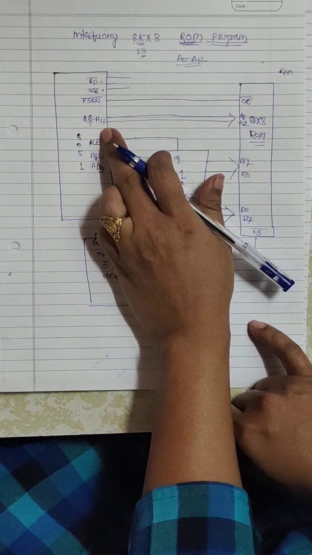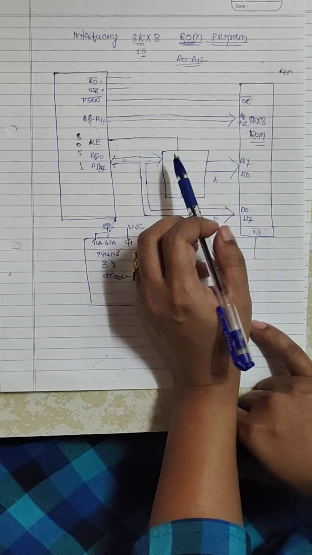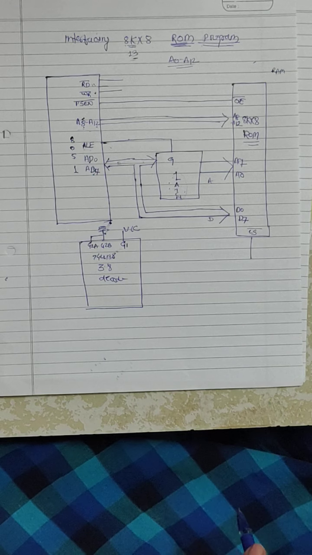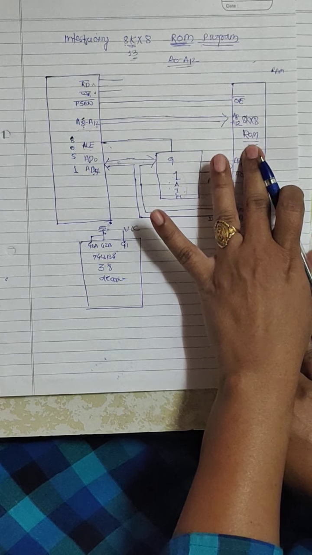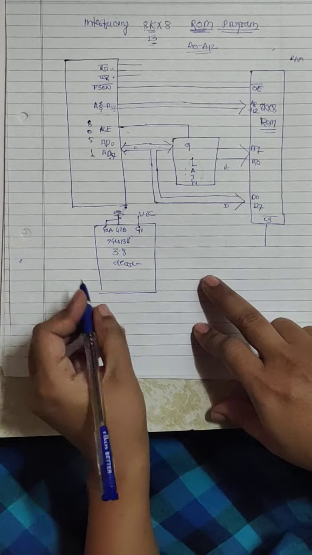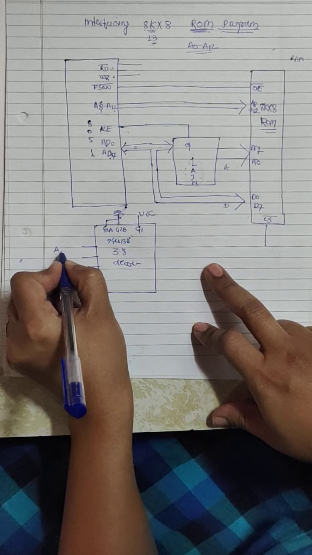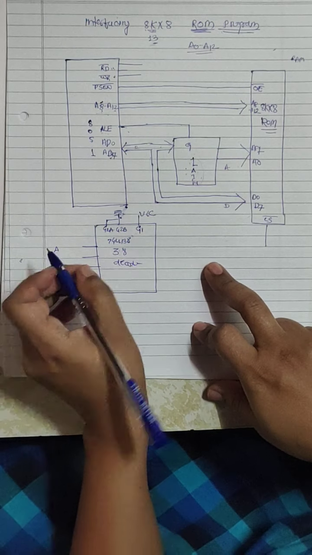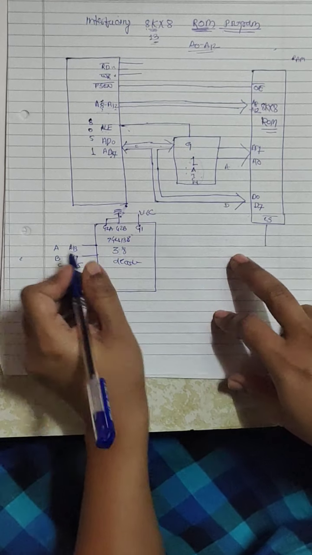We used here 13, means from A0 to A12, 13 address pins are connected to the internal address pins of this external memory. Now only 3 address pins remain. Those 3 address pins are connected to A, B and C, that is A13, A14 and A15.